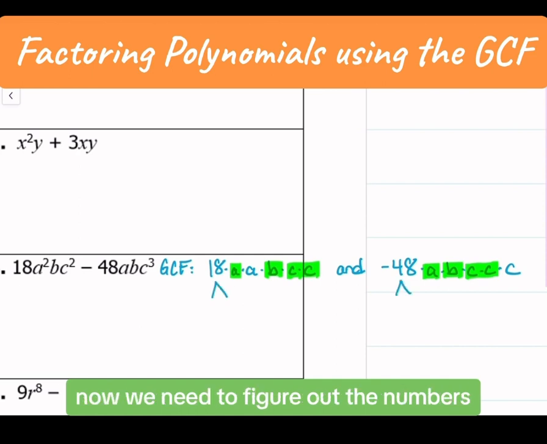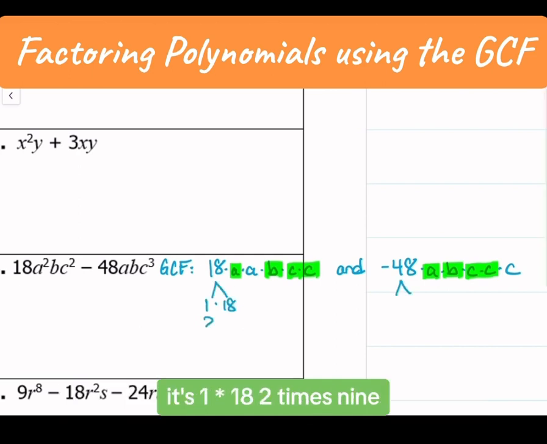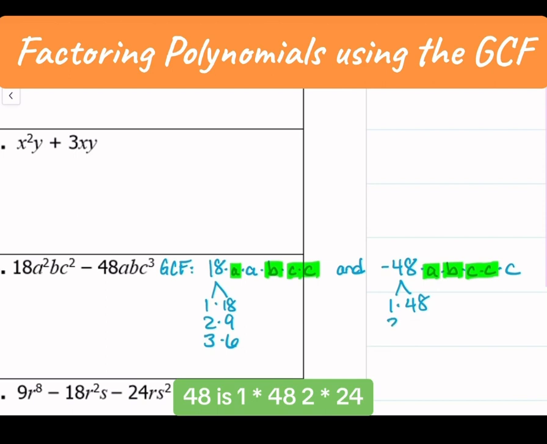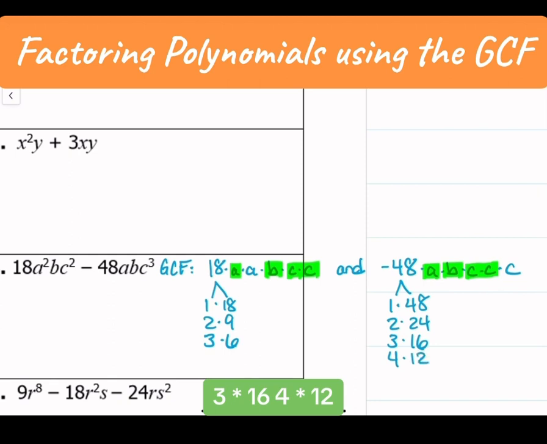Now we need to figure out the numbers. It's 1 times 18, 2 times 9, 3 times 6. 48 is 1 times 48, 2 times 24, 3 times 16, 4 times 12, 6 times 8, and that's it.